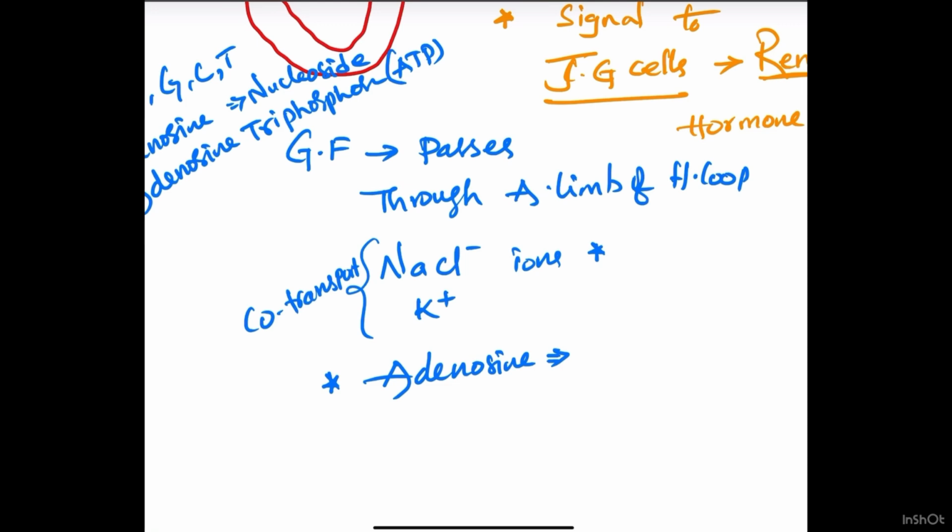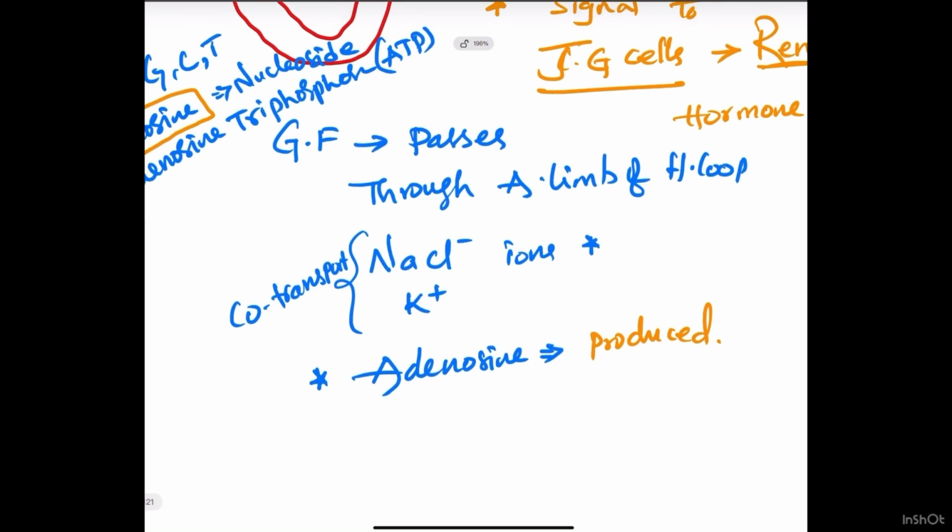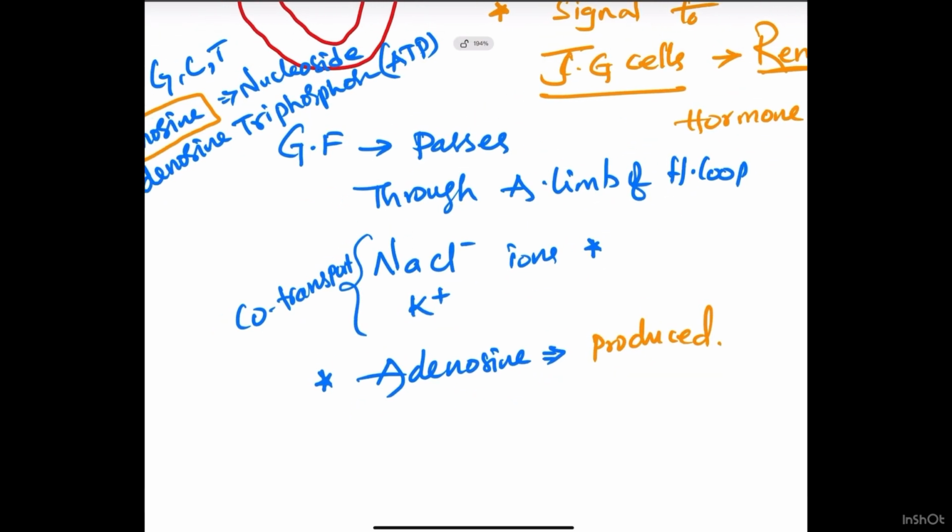Next, here we are talking only about adenosine. That adenosine is going to be produced. When adenosine is produced here, sensitivity is going to increase. So any decreased BP, blood pressure, decreased blood volume, or increased, anything is going to be recognized.